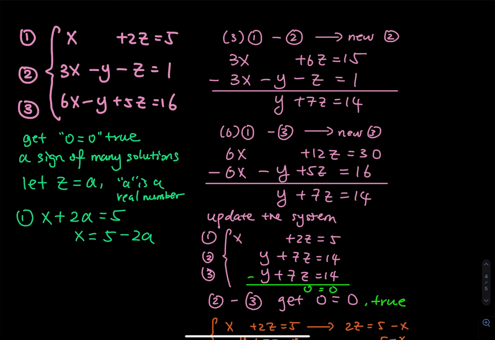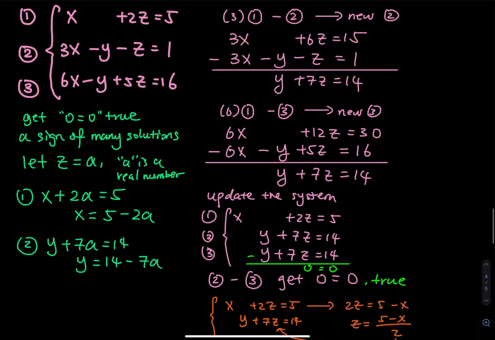Since a is a constant value, like 6 or 10, 5 minus the product, then x is another constant value, or another real number, I should say. Equation 2, you have y plus 7 times a real number equals 14, then y equals 14 minus the product of 7 times a.